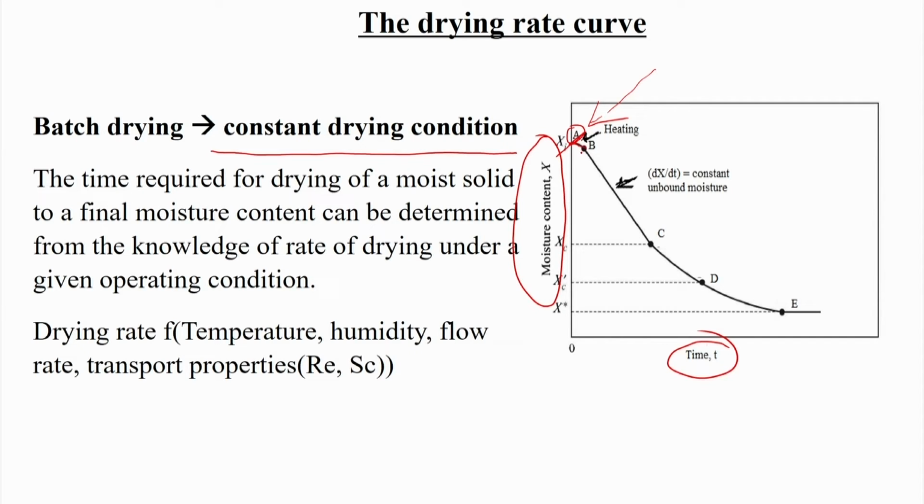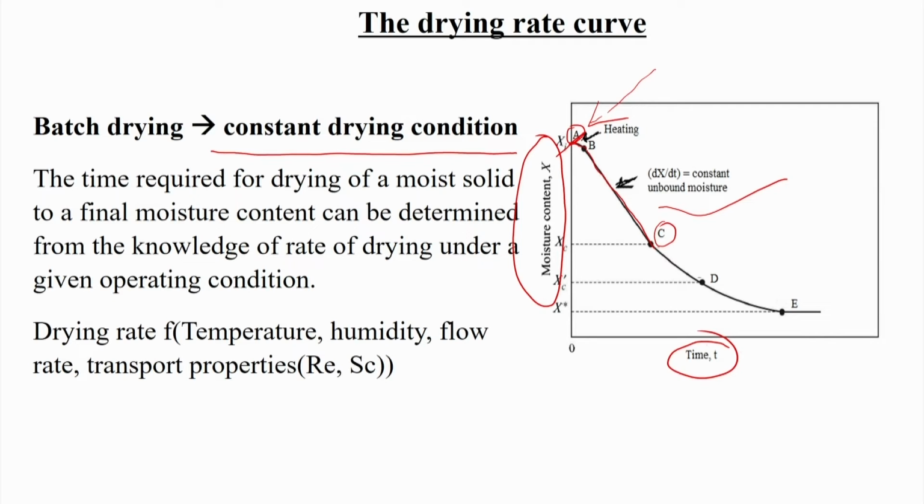Then there is one particular period of drying, from B to C, where dX/dt will be constant, where only unbound moisture will be removed from the wet solid, and the moisture content decreases proportionally, or linearly.